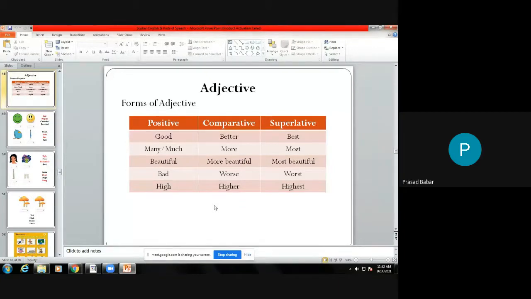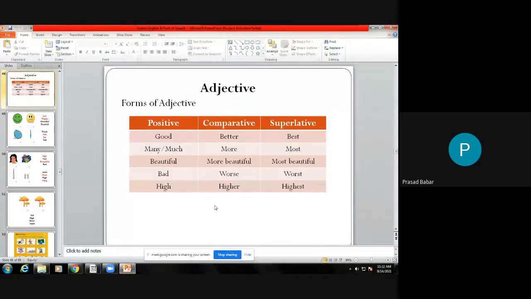Okay, so many, more, most. Then the next is beautiful. Okay, so beautiful is the positive. If we use it as a comparative, it will be more beautiful, and in the superlative it will be most beautiful. So beautiful, more beautiful, most beautiful.